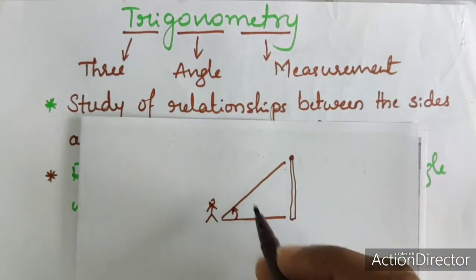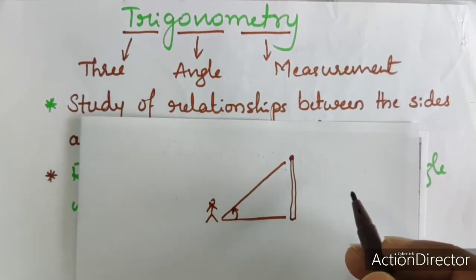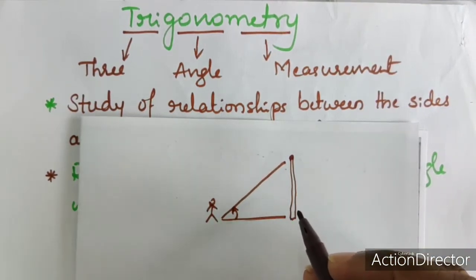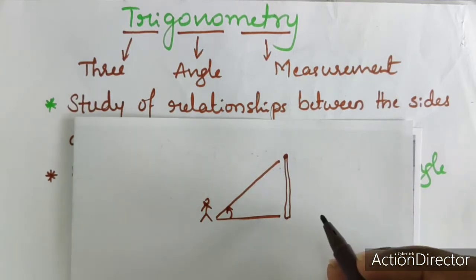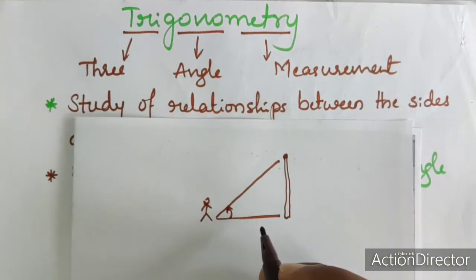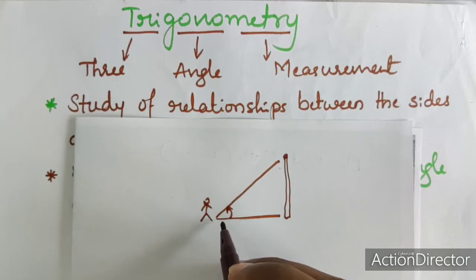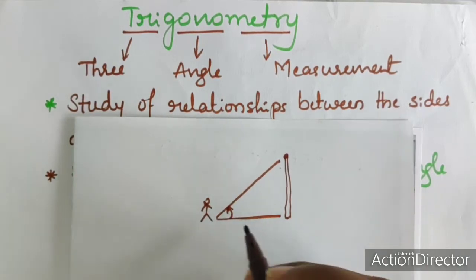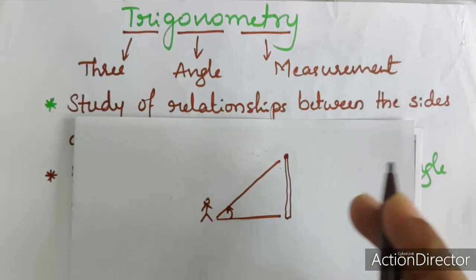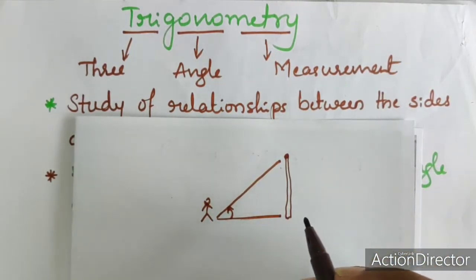For that we will be using the ratios between the sides, and in the same way the idea of trigonometry can be used even to find the height of a hill from wherever you are standing, by using the distance from the foot of the building or hill and another angle which is called the angle of elevation. You can find the height of the pole, height of the building or hills without actually going and measuring.